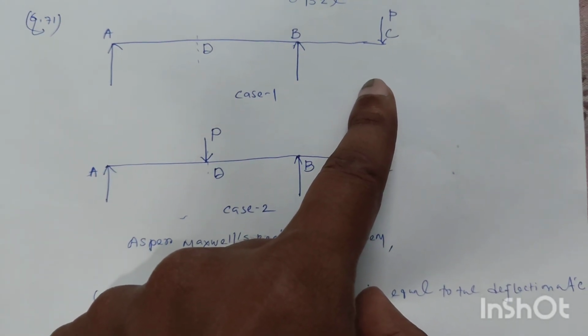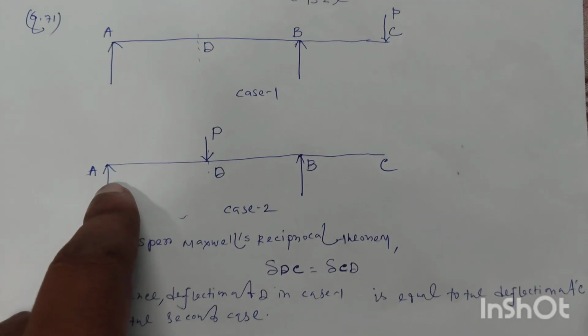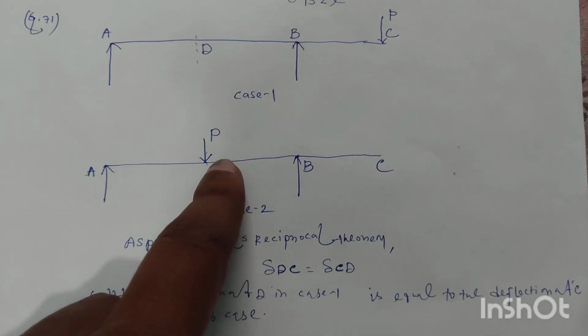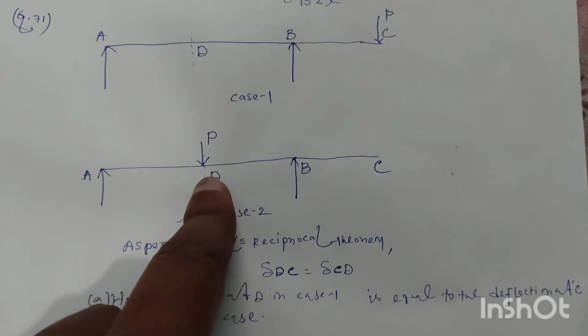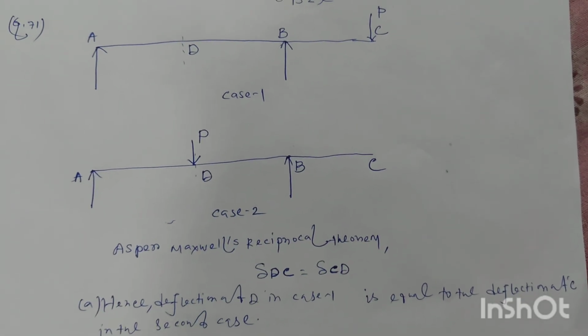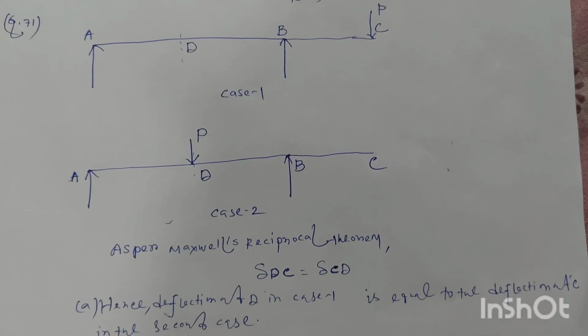This is case number 1. We have to determine the deflection at point D. And in the second case, the same beam is subjected to a load at point D, but we have to find the deflection at point C. As per Maxwell's reciprocal theorem, we know delta DC is equal to delta CD.